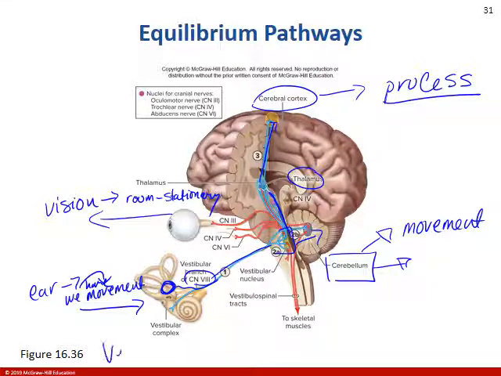Also, something called vertigo. Sometimes you can have the otoliths from the vestibule make their way to your semicircular canal. And if these calcium carbonate rocks are in your semicircular ducts or canals, it makes you think you're moving even if you're not, because those rocks are making the fluid move. And that's causing the cristae ampullaris to move.